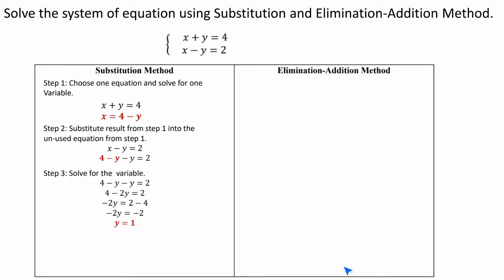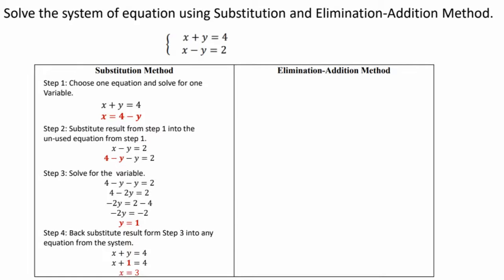To find the second variable, we do something called back substitution. That means you take your answer, y equals 1, and plug it into one of the two equations. Again, you can choose either one. I'm going to choose the first one again.